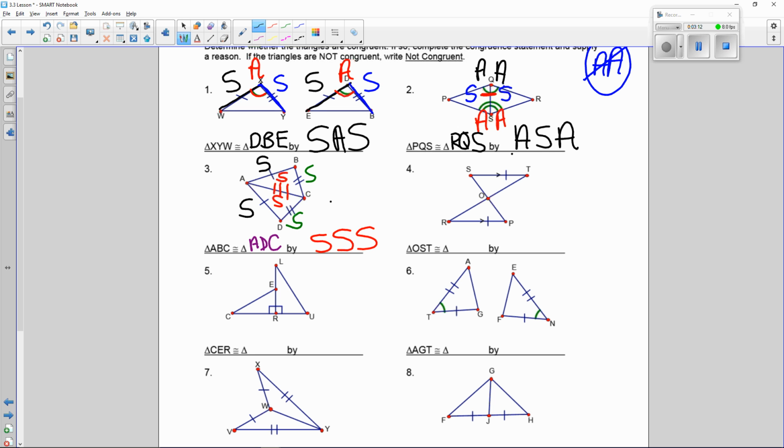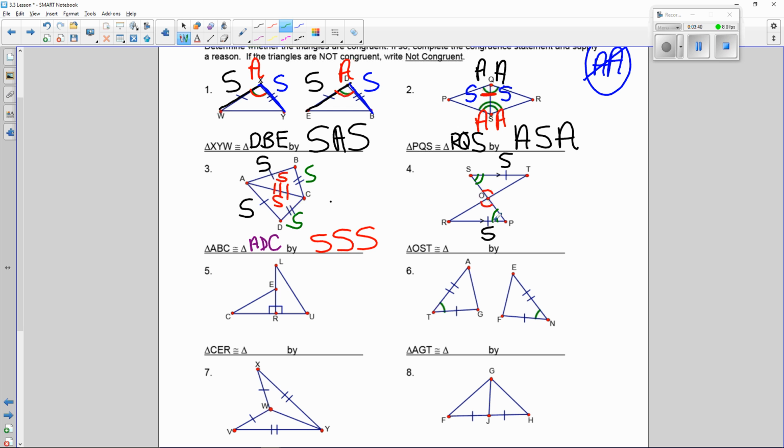Number four, all you've got to start with is one side and another side. However, you should notice you've got some vertical angles in here. And then you've also got some alternate interior angles, since those two lines there are parallel.